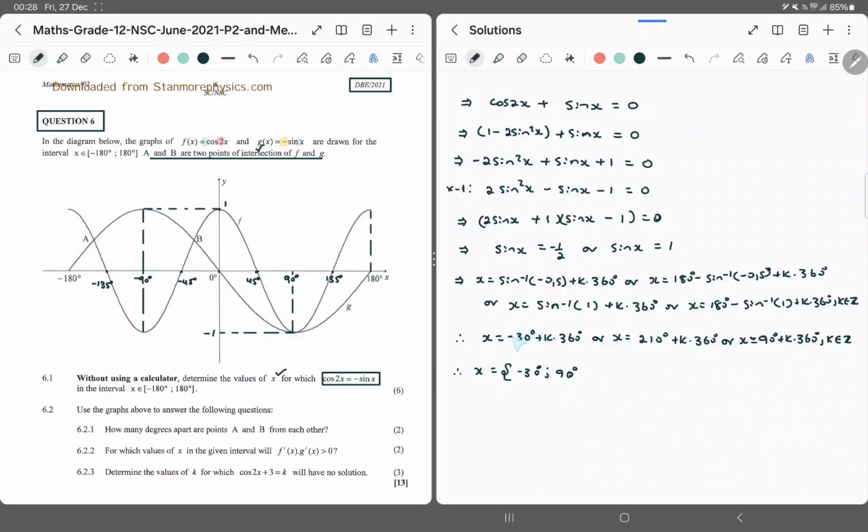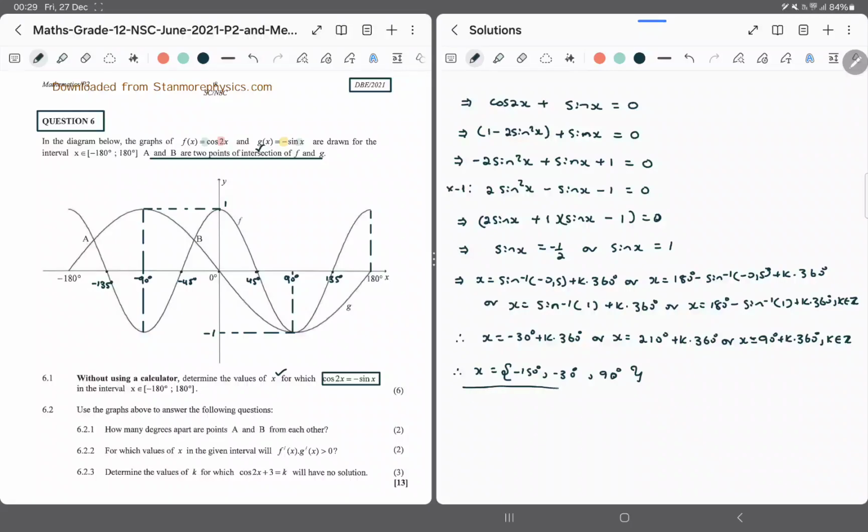This is going to be minus whatever, so it's outside the domain. Here, 210 minus 360, that is minus 150. So minus 150 is within the domain, so we can push this a bit. So this is minus 150 degrees, and we take this guy closer, and then we can see this is all, because here 90 minus 360, it's minus 270, and again it's outside.